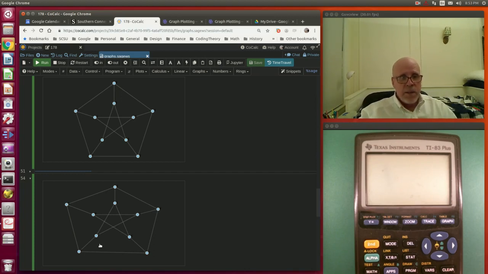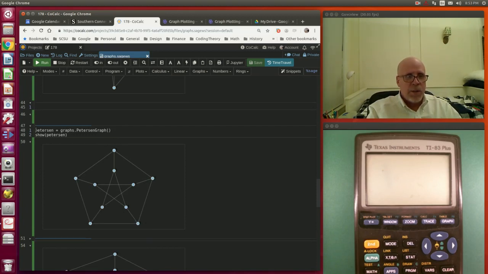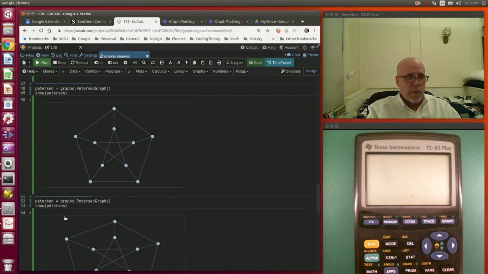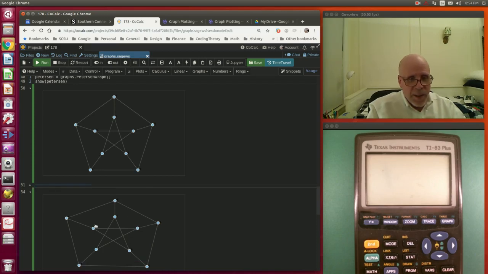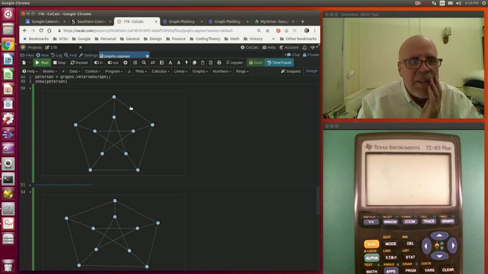And this is, I'll be honest, I was cheating. See how I said Petersen equals graph.Petersen graph? Well, that's what I did for this one too. So I knew right in advance that they were the same. I just took the second one and moved it around to a new embedding. And now for you, I was just showing you undoing the work that I previously did. But I've done something interesting, haven't I? 0 went to 0.